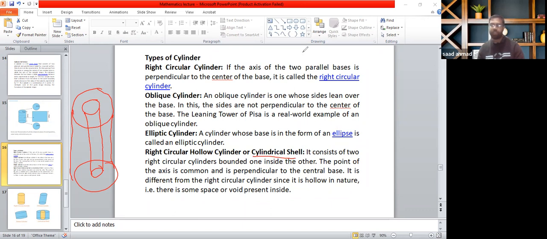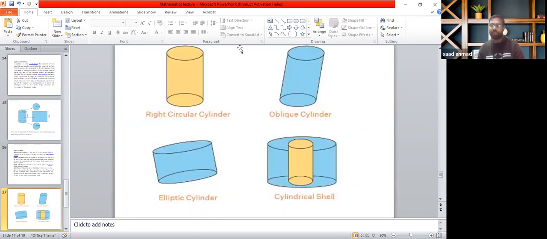You can think of it like a pipe, because it has some thickness. It has an outer layer and an inner layer, and from inside it's empty. The outer side is solid, and the inner side is empty, so water or anything can pass through it. So this is a cylindrical shell.